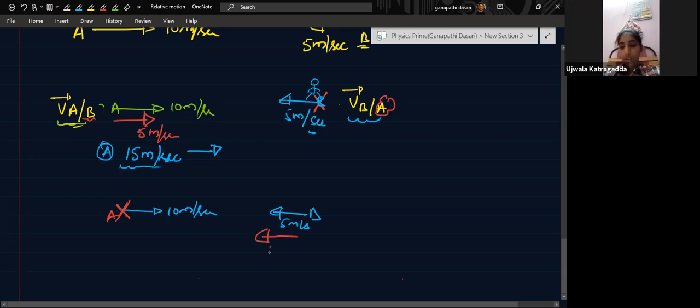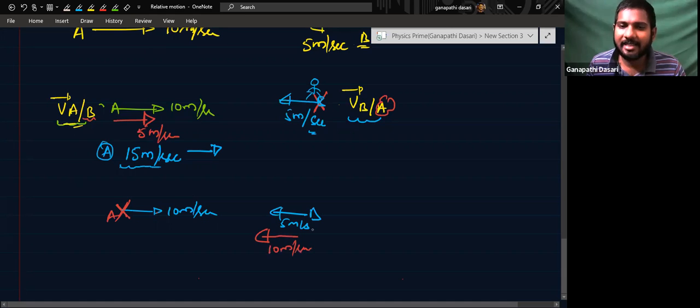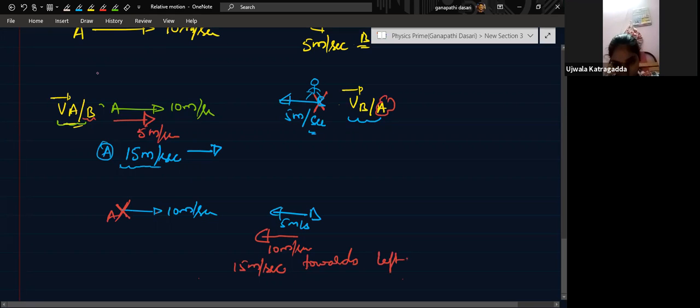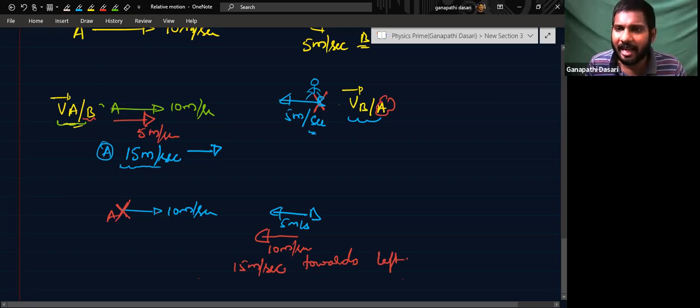10 plus 5, 15 meters per second towards left. Awesome. Now add both the vectors in the same direction, basic addition. 15 meters per second towards left is the answer. So a person sitting on A will feel that B is coming towards him at a velocity of 15 meters per second.